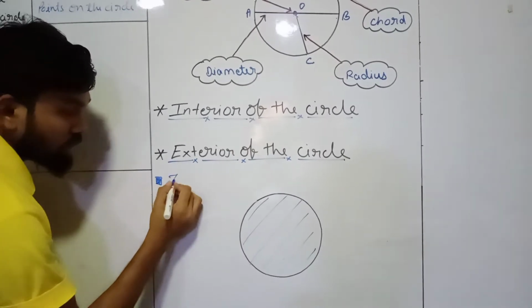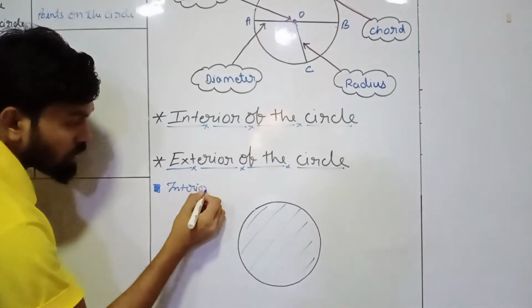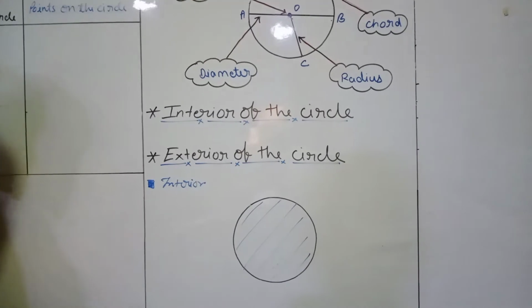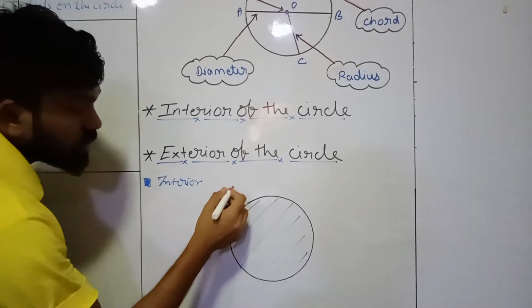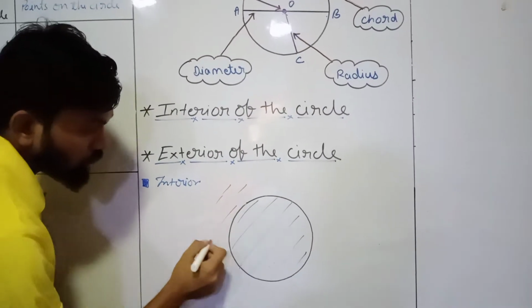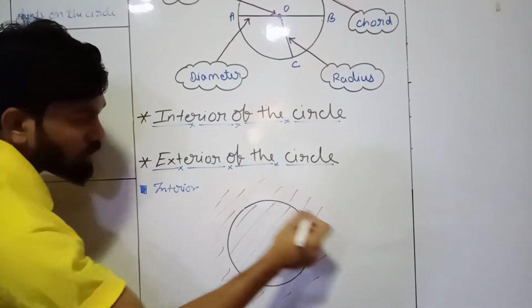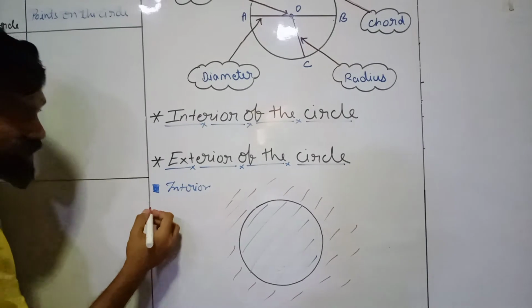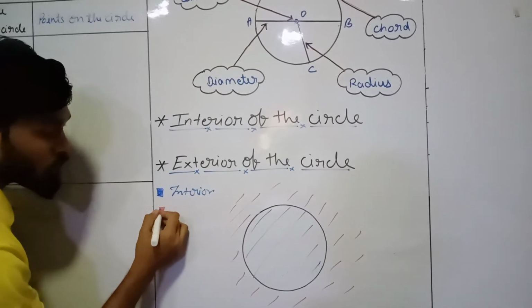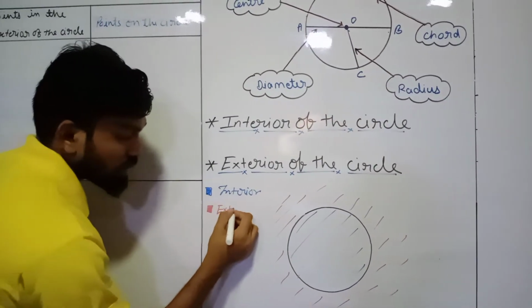That is the interior. And if I am talking about this red shade, what we have outside of the circle, this red color is showing the exterior.